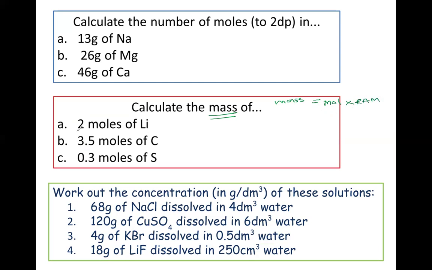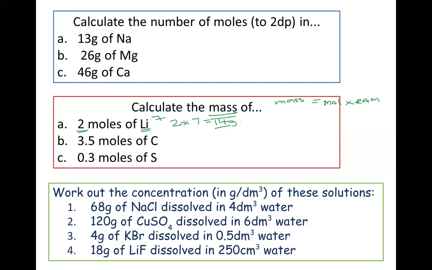So here we've got 2 moles of lithium. If I go to the periodic table and look up lithium, the relative atomic mass of lithium is 7. So in this case, our simple calculation is 2 moles times 7, the relative atomic mass of lithium, and that should give us a mass of 14 grams of the lithium. So that's how you do your mass calculations.